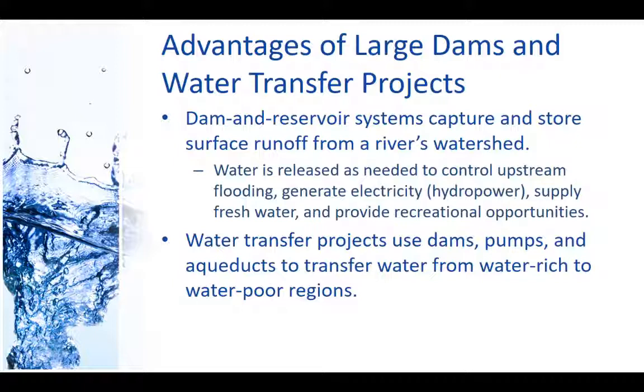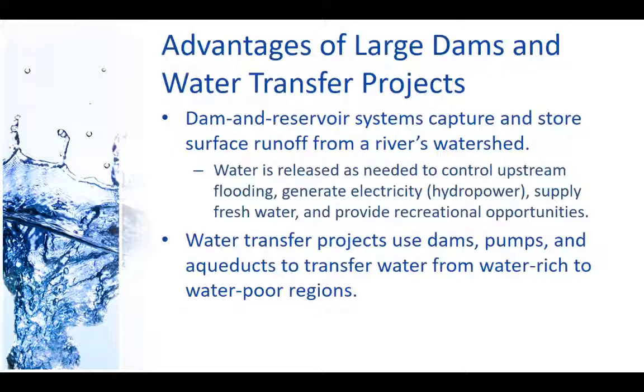This water is then released as needed to control upstream flooding, generate electricity, supply fresh water, and provide recreational opportunities. And water transfer projects can use dams and pumps and aquifers to transfer water from areas that are rich in water to areas that are water poor. So there's some equity here too in being able to utilize these dam systems.